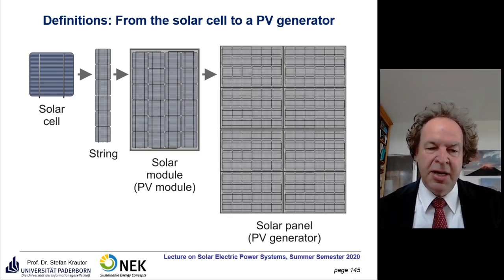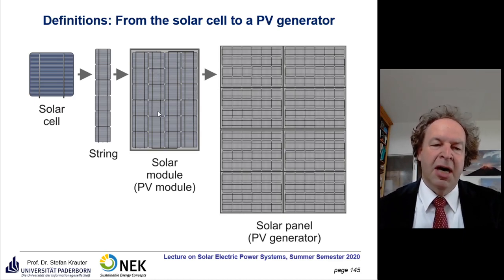These strings are interconnected to a so-called solar matrix, and this matrix is encapsulated within a solar module. Formerly modules had about 50 watts, then the power increased to 100 watts and 200 watts, and nowadays 300 to 400 watts is the standard. If you need higher power outputs, you interconnect those solar modules to a so-called solar panel or photovoltaic generator.